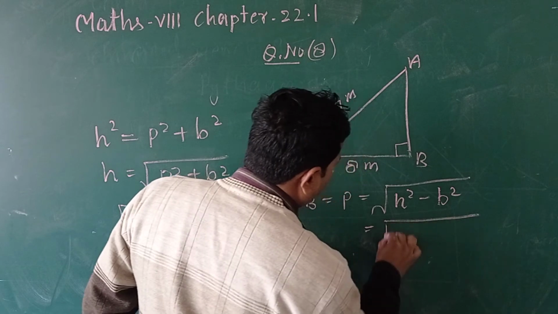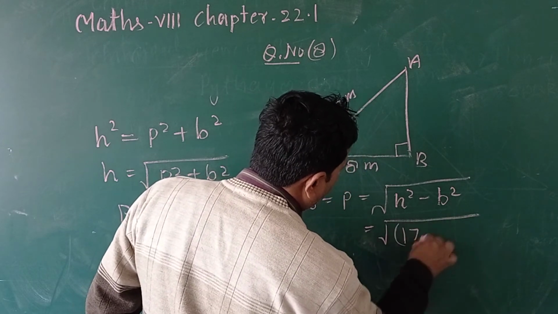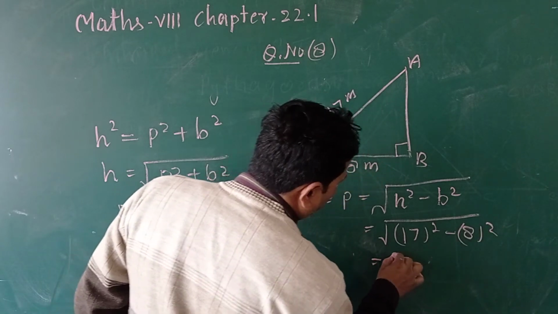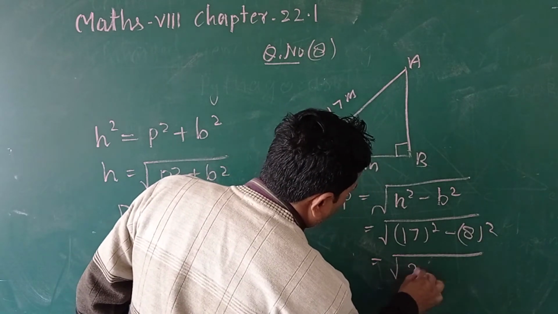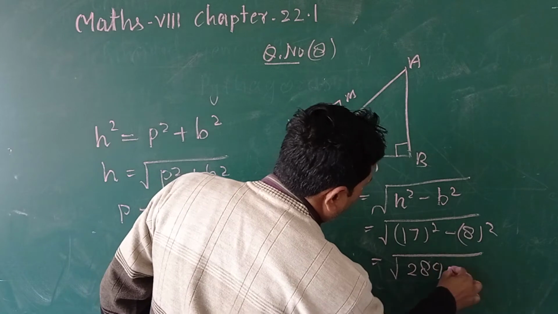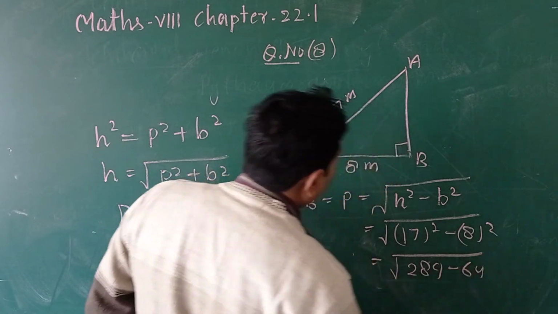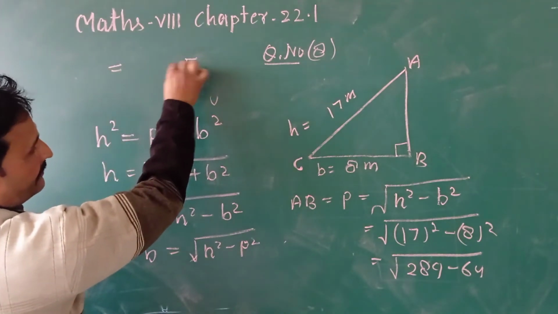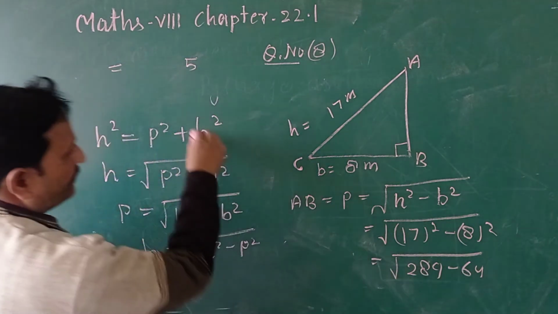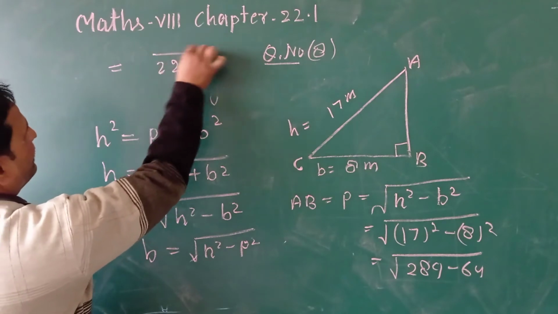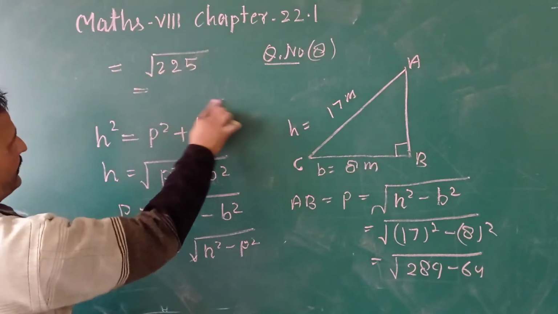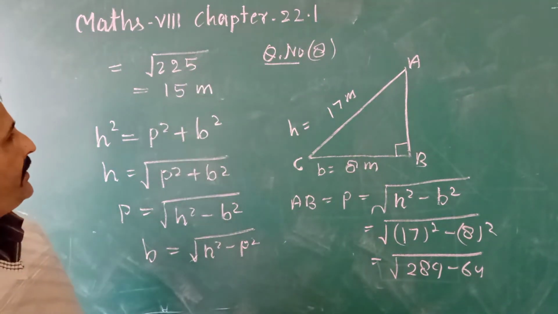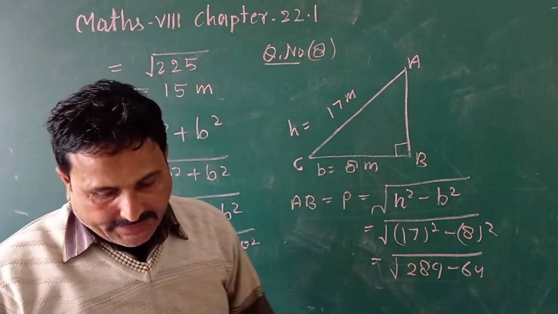H value is given, 17 square minus 8 square. Now 17 square is 289 minus 64. Now simplify that one, that is 225. Now find the square root, that comes to 15 meter. Okay, so this is question number 8.